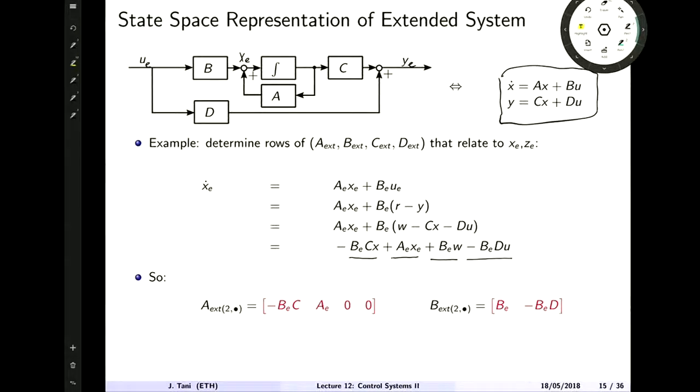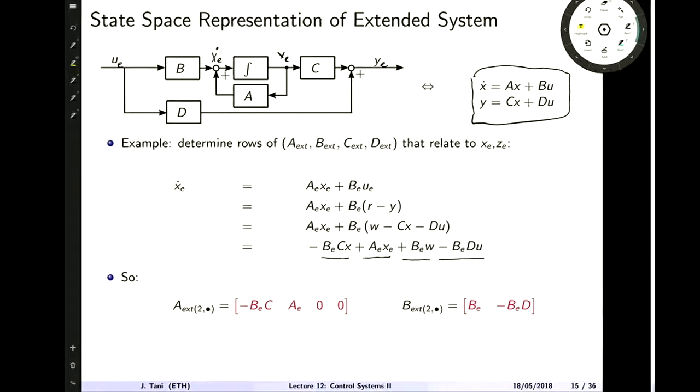Clear? Who has a question? No? Yes? Why is it XE and not XE dot? Because we're integrating it afterwards. You're right, this is XE dot. I'm sorry, my bad. Okay.